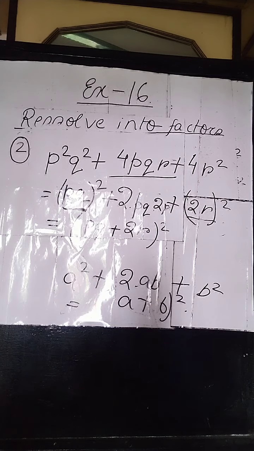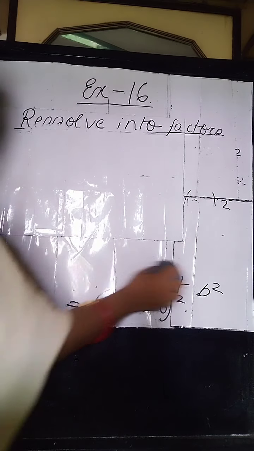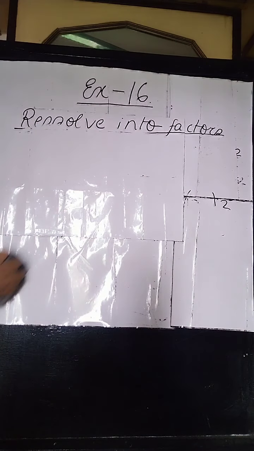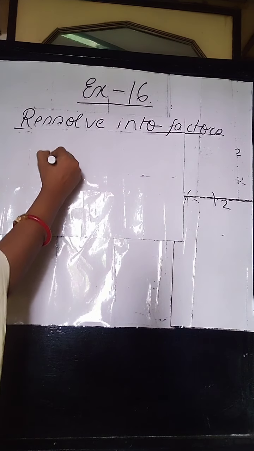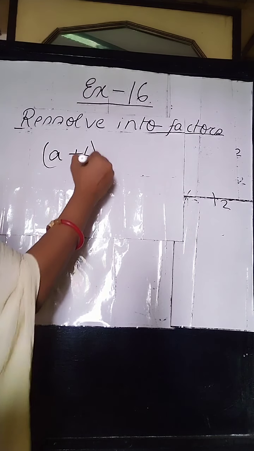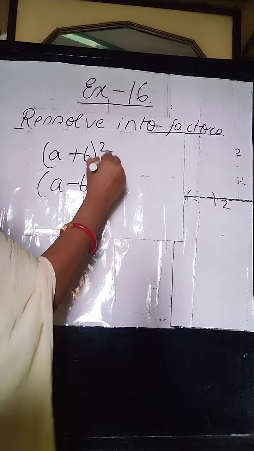I hope you are getting the sums properly. In this way we will solve the sums one after the other. We will try to relate the sums with the formula a plus b whole square or a minus b whole square. Any one formula we will try to relate.